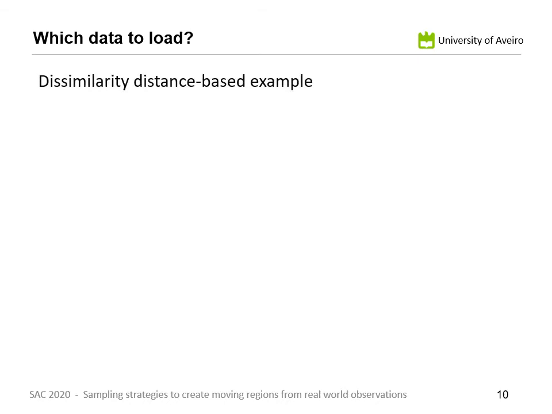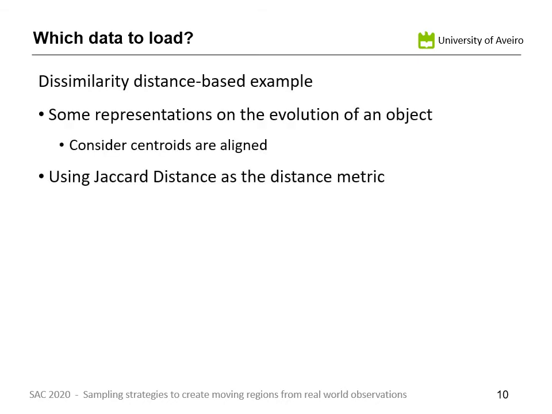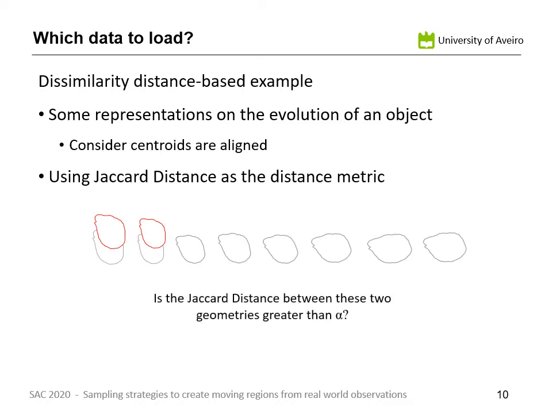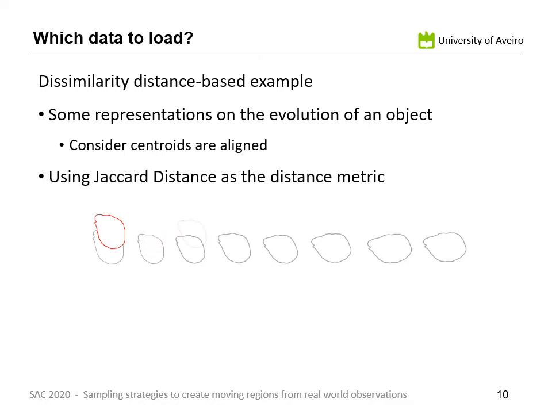Let's see an example. Consider this set of geometries that represent a series of observations on the evolution of a moving object. We start by comparing the first two and evaluate if the dissimilarity distance between them is greater than the allowed value. As the distance is not too large, the next step is to compare the first and the third observations.